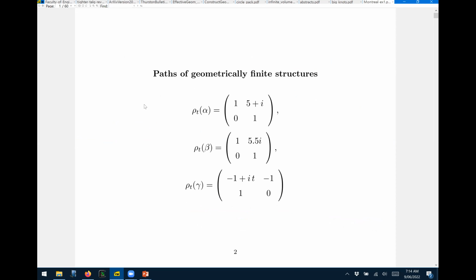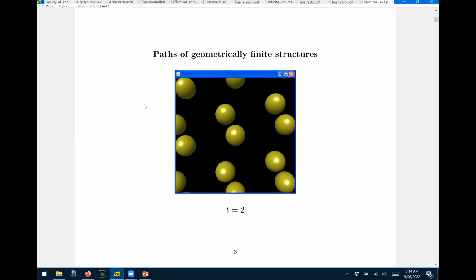Okay, so here's our path of structures, and we start out with the structure that we've seen before. I should say we're looking at the universal cover here. So there's this translation by A and B in vertical and horizontal directions. This is what you get when you start out with T equal to 2. And we're going to decrease T. You can see that these circles that are identified are getting smashed together a little bit until they bump.